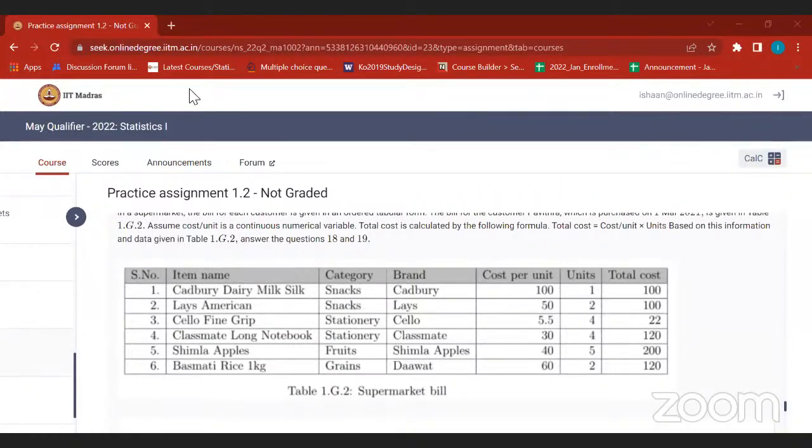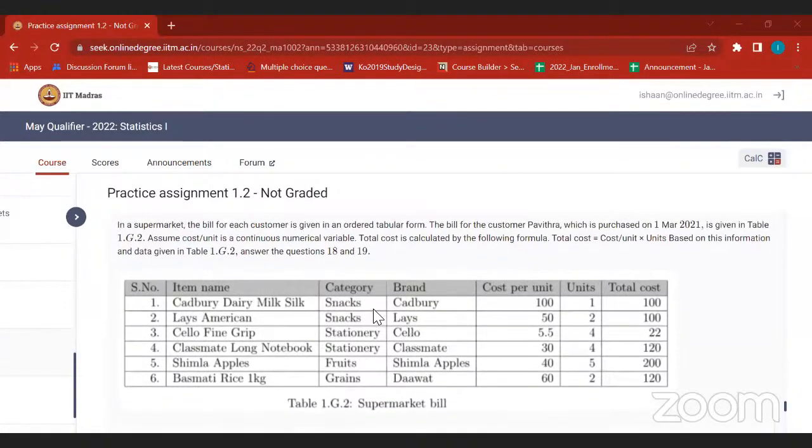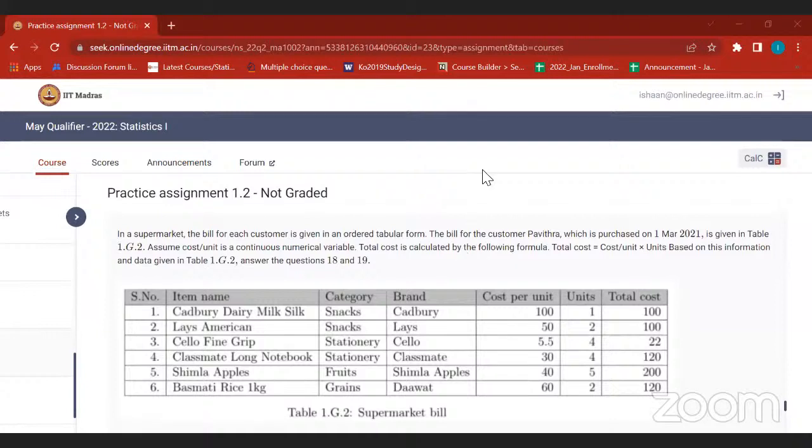Sir, I didn't understand about discrete and continuous data. Can you please repeat that again? See, discrete data is when our variable can take only some specific values. If I talk about 10 MCQ questions, I can have either 0 correct, 1 correct, 2 correct, 3 correct, or up to 10 correct, right?